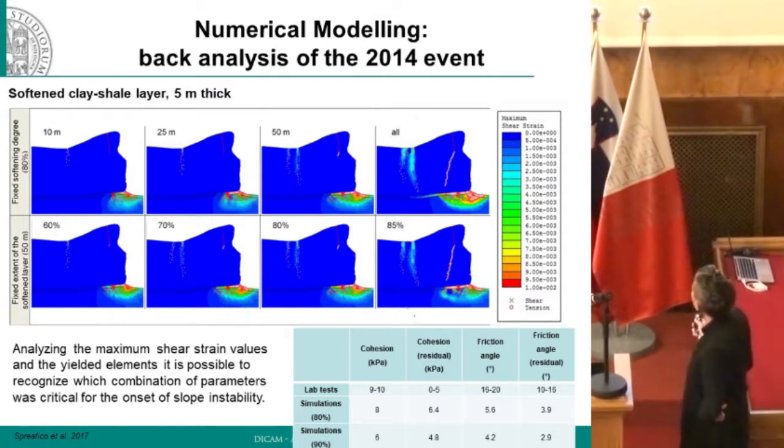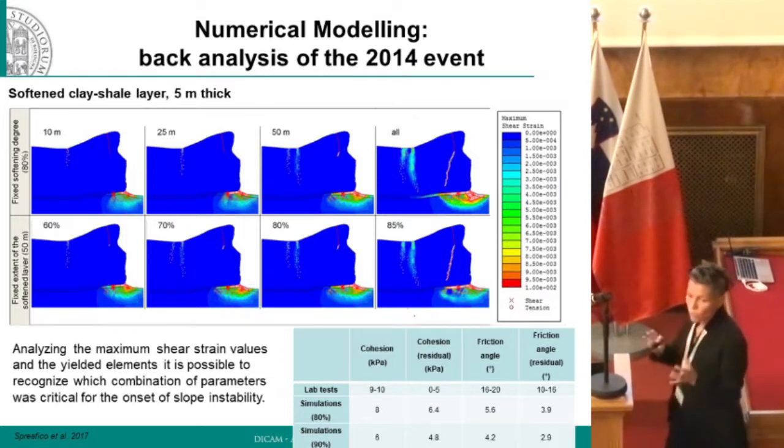On the other hand, if you keep the extension of the clay shale layer constant, you can try to lower the properties of the clay shales. And when you lower the properties, you see that, again, some sort of instability occurs at the boundary of the slab.